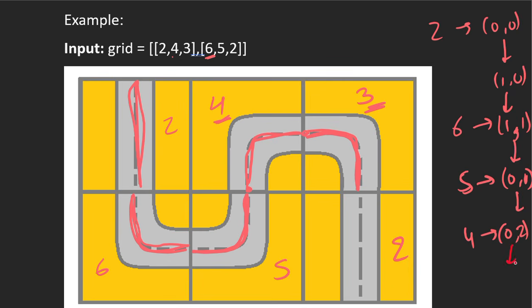So from 0 comma 2 we can go to 1 comma 2, which is our destination, m minus 1 comma n minus 1. So we will return true for this.